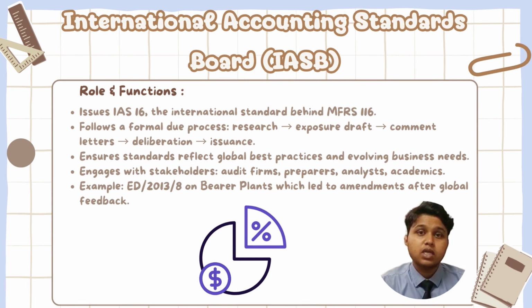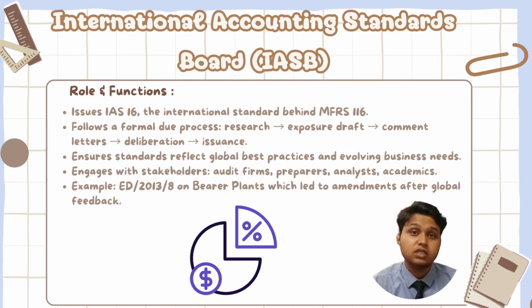One clear example is the 2014 Amendment on Bearer Plants, where IASB issued Exposure Draft ED 2013/8, gathered worldwide feedback and then updated IAS 16. Since MFRS 116 follows IAS 16 closely, IASB decisions directly influence how Malaysia applies the standard.